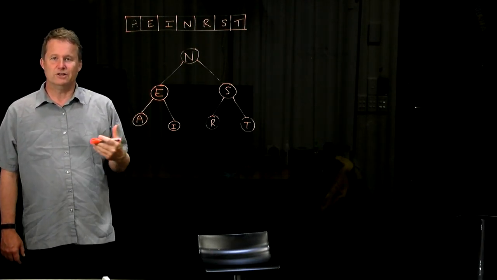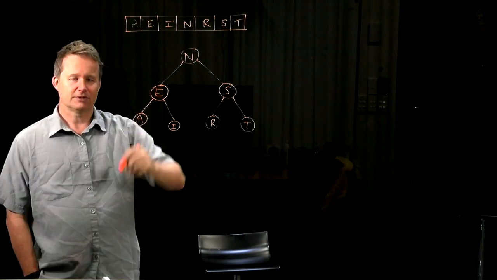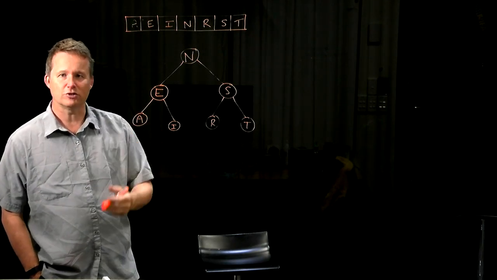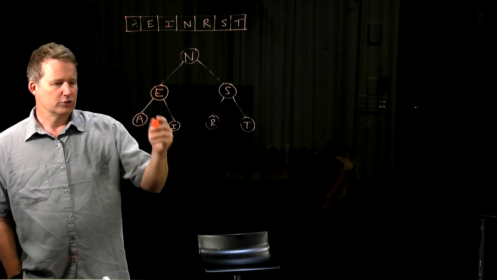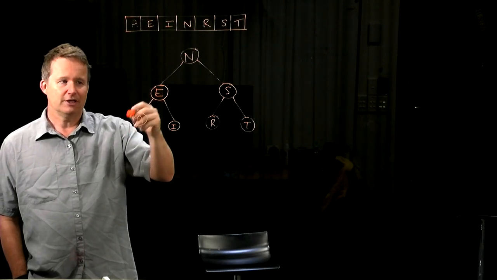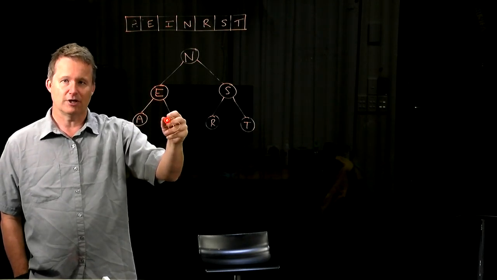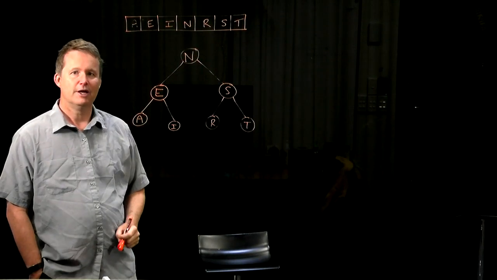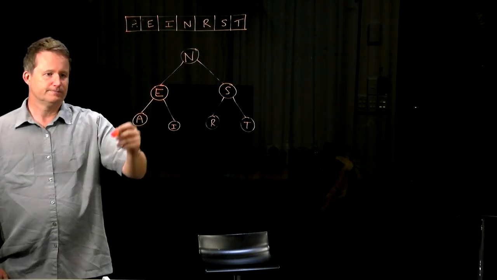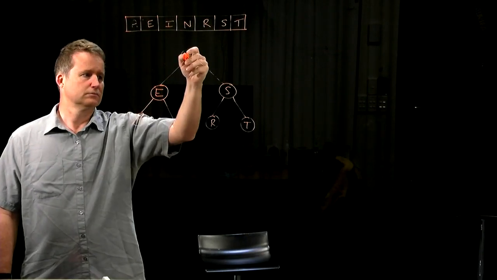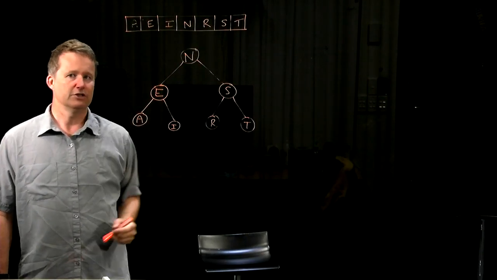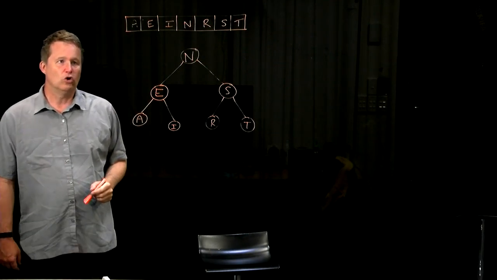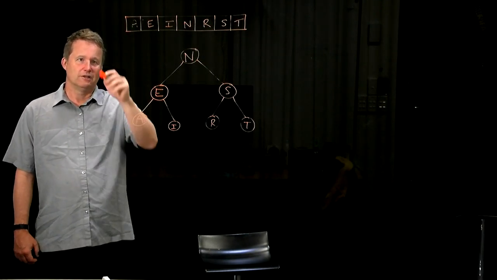If you know what the in-order traversal of a binary tree is, it's easy to see that the in-order traversal, which first does the left subtree, then the root, then the right subtree, and works recursively from the bottom up to the top, that traversal is going to visit all the nodes in the correct order.